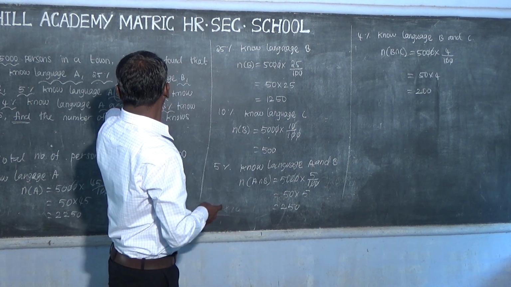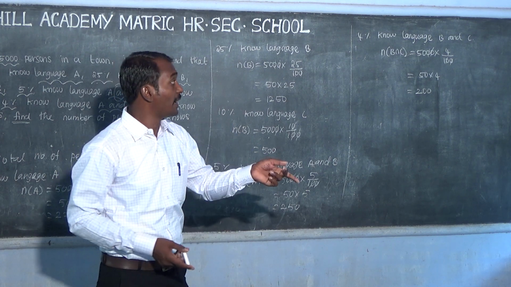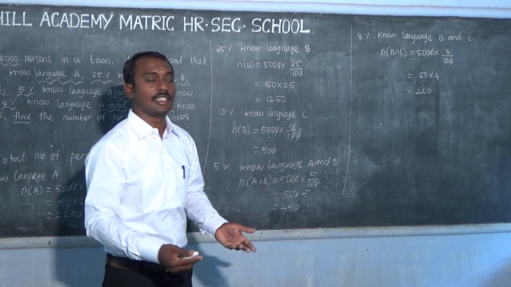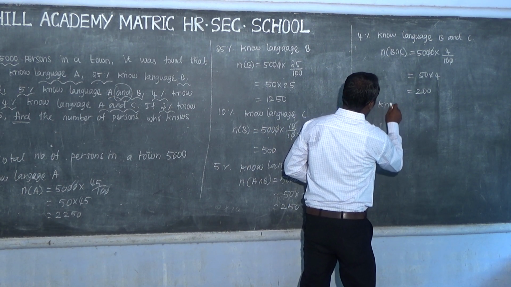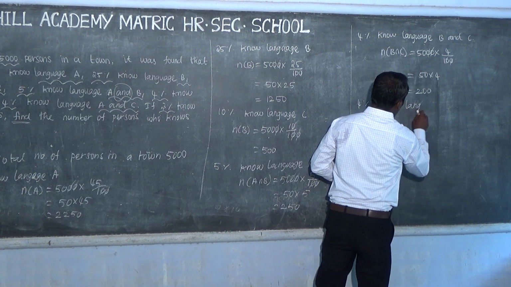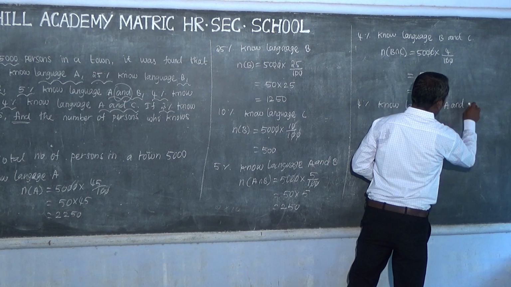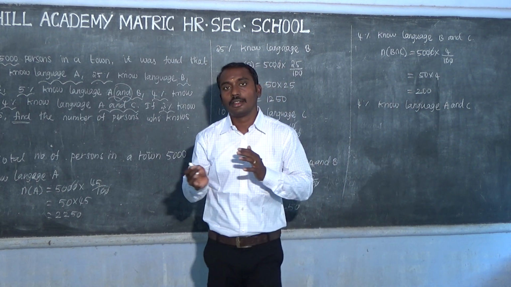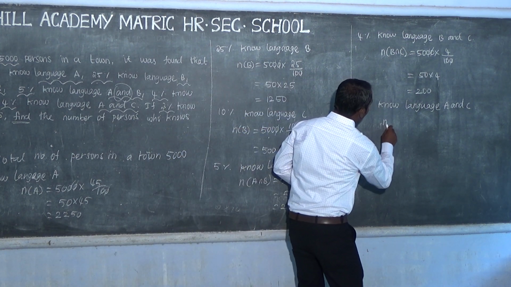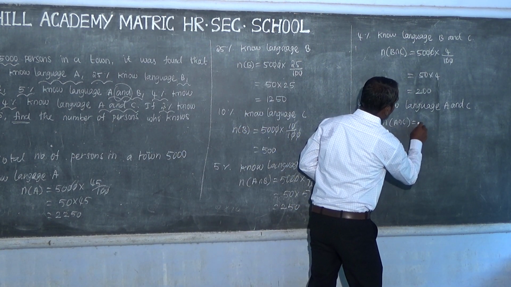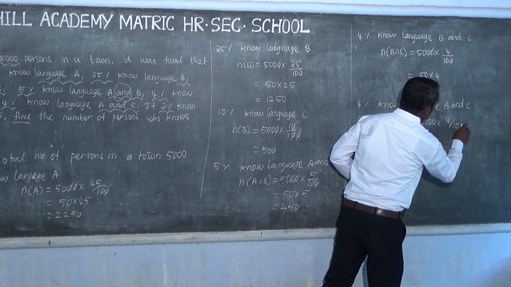Then again 4% of people know languages A and C. So n(A intersection C) is equal to 5,000 into 4 by 100.